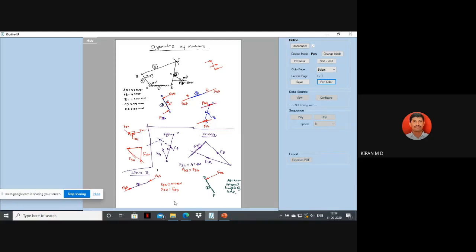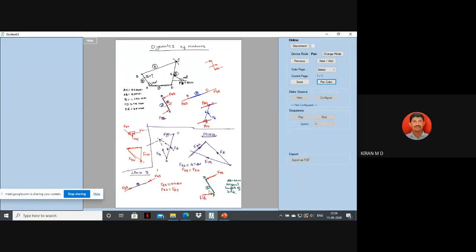It is not perpendicular to this line. Don't confuse, F32 is not perpendicular to AB. It may be at some angle. In a similar way, you draw the opposite force. This force is F12, the force acting from link 1 on link 2.